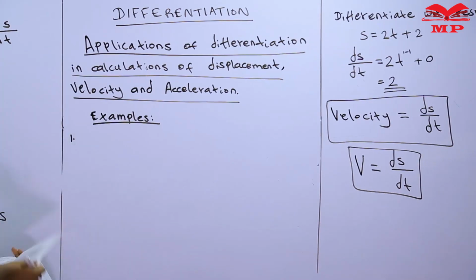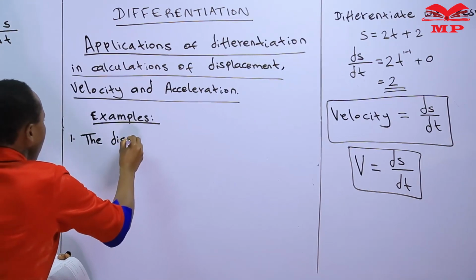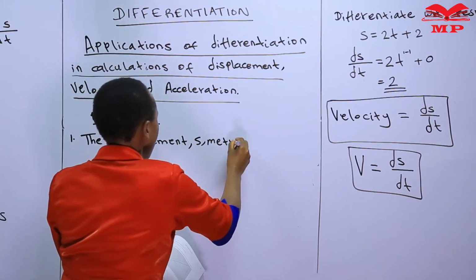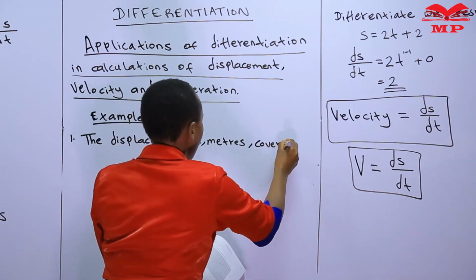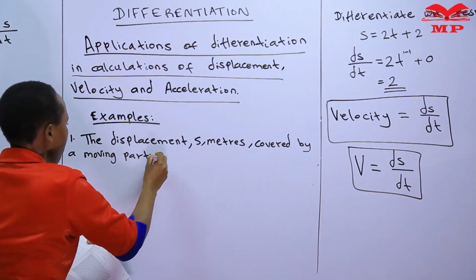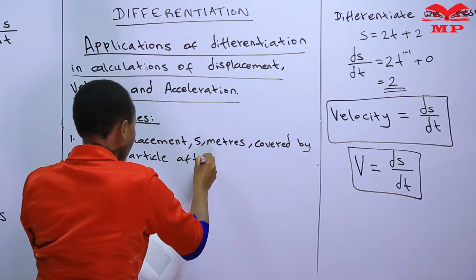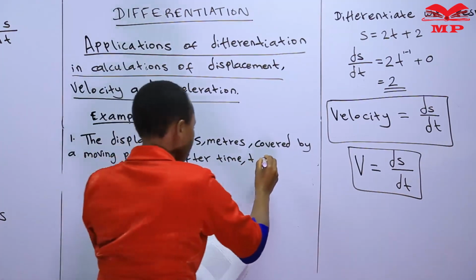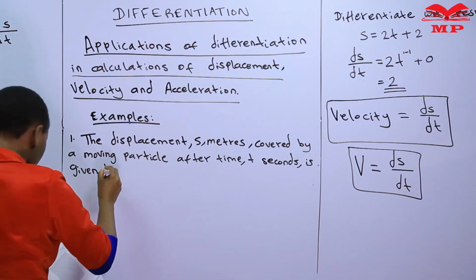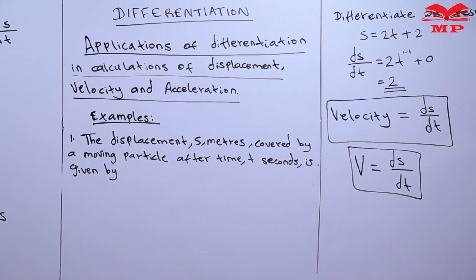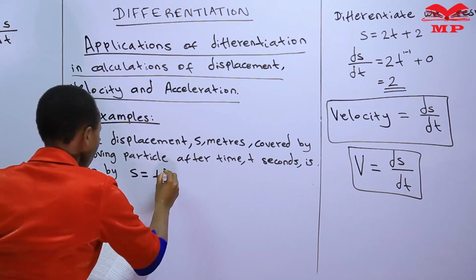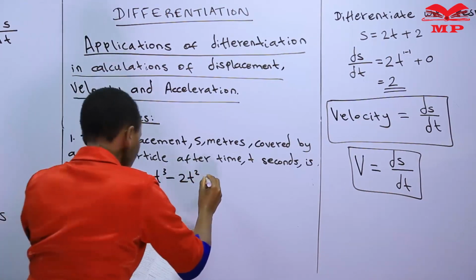The displacement s meters covered by a moving particle after time t seconds is given by the following equation: s is equal to t cubed minus 2t squared plus t.